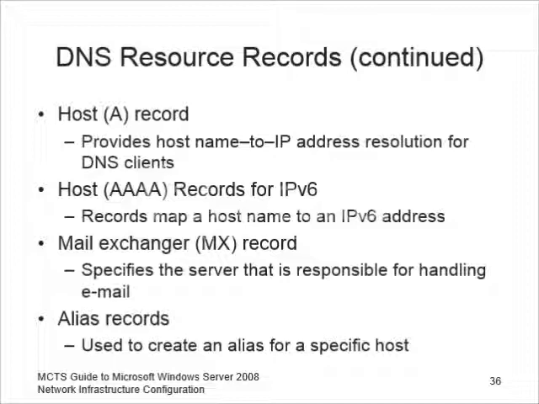The AAAA record performs the same function except that it maps a fully qualified domain name to an IPv6 address. The PTR record performs the reverse function of the A record by mapping an IP address to a fully qualified domain name.